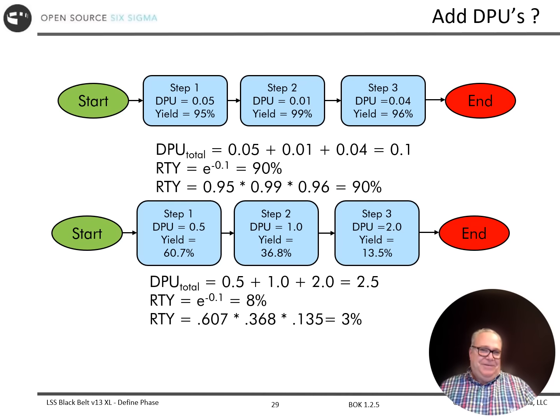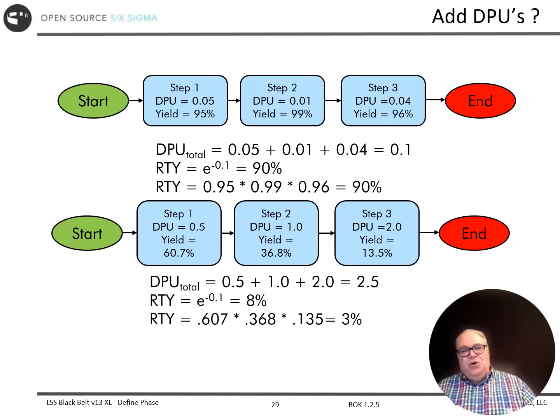For higher defect levels, we always have to convert over to a yield, and we're going to show you that on the next slide. In this case, it probably doesn't matter whether you say you have an 8% yield or a 3% yield. It's still terrible.